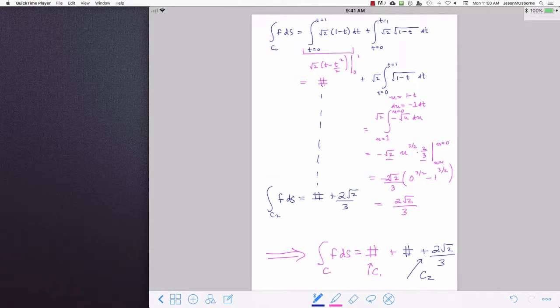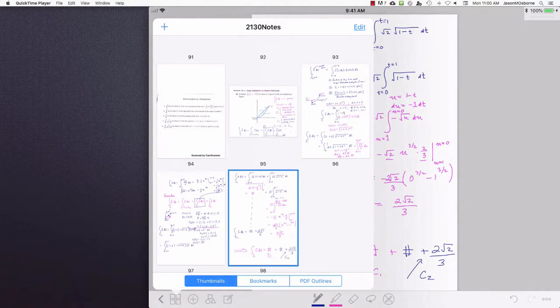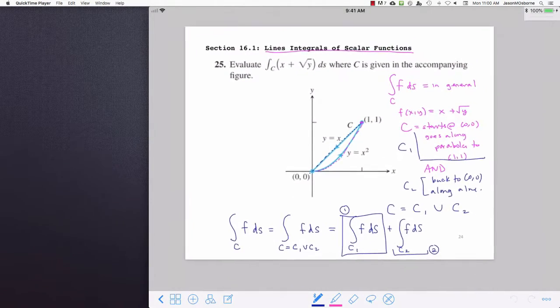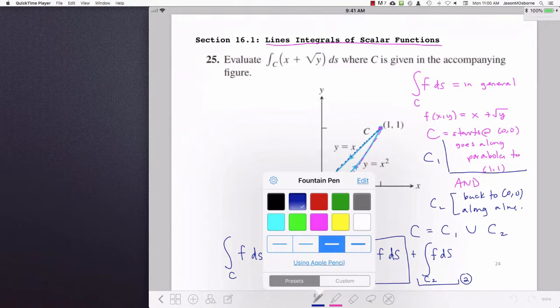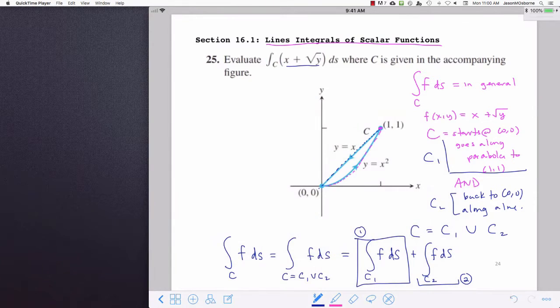And that would be your answer in a completed solution to the line integral of this function, x plus the square root of y, along the curve that's been shown here in the graph, where you integrate along the parabola to 1, 1, and then you come backwards along this curve in positive time back to the point 0, 0.